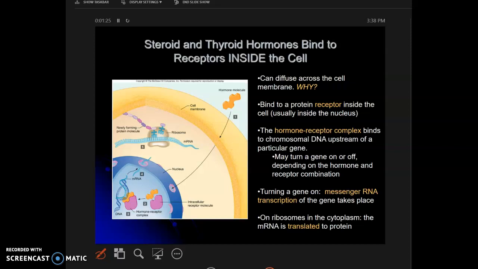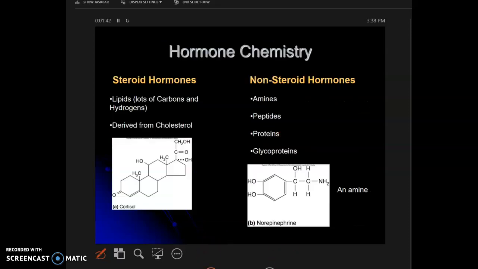How do steroid hormones work? They diffuse through the cell membrane. How does it diffuse? It diffuses because of its composition. They are lipids in nature, right?